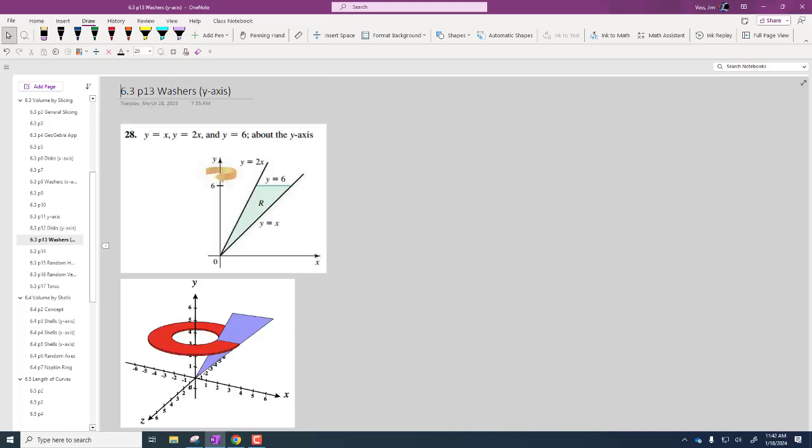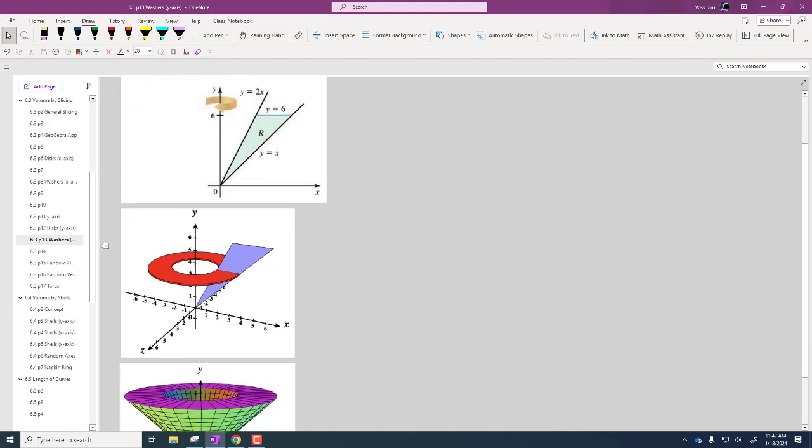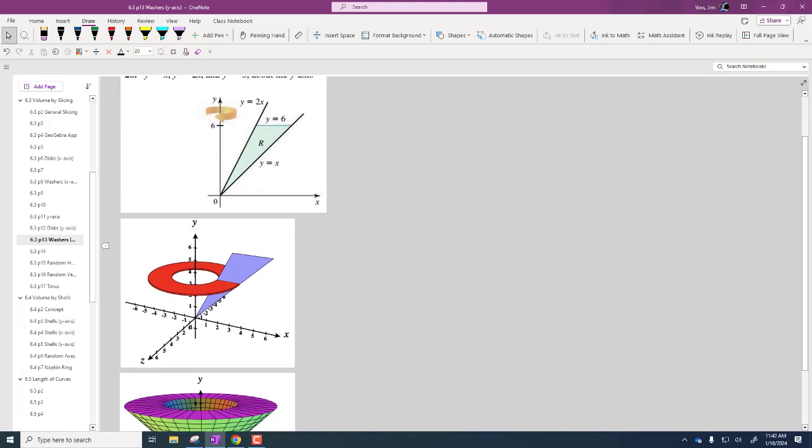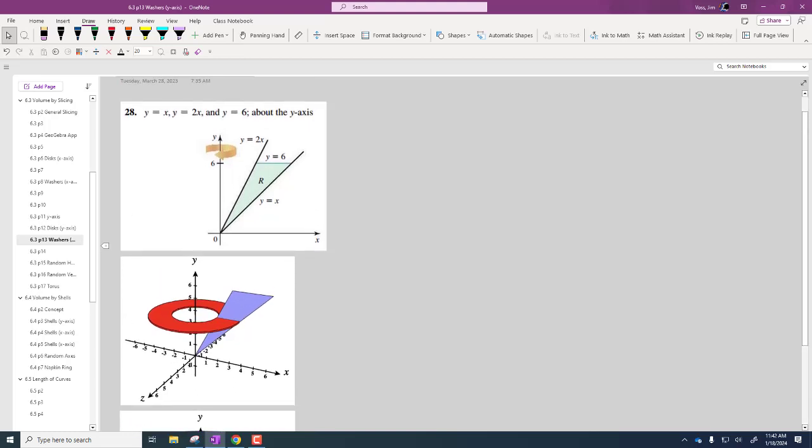Let's see, okay. So here's another one. This one's going to create a washer, but we're rotating around the y-axis, so we're clearly going to have to integrate with respect to y. When we imagine our horizontal integration element right there at a random y, we are measuring horizontal distances.